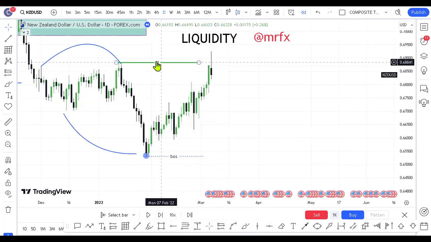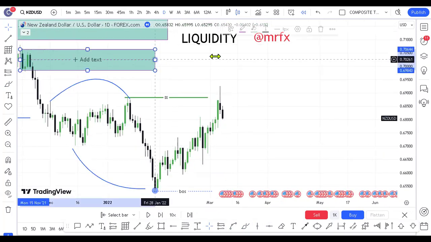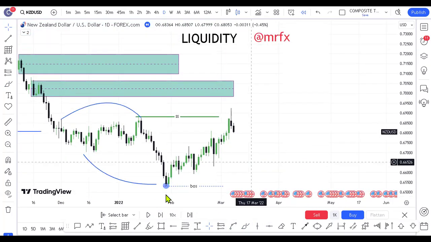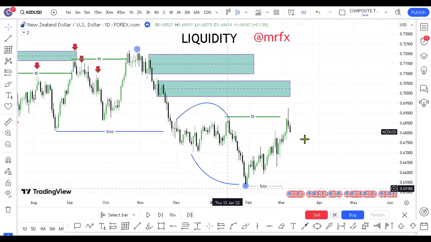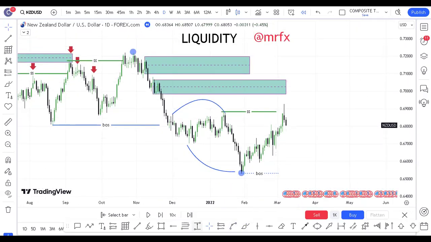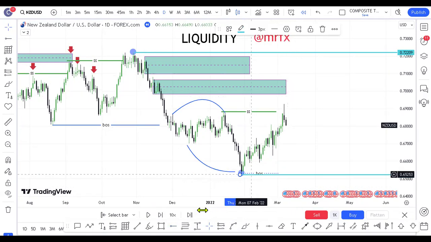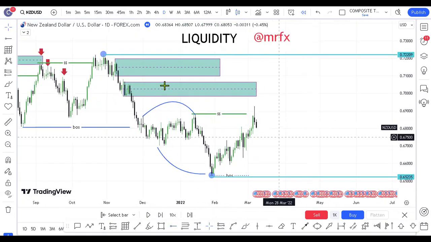So what happened? Price now takes out that level. This becomes a valid low, and you still have those levels unmitigated, and your swing high or your range of the price is between this high and this low. So if you want to sell, you just need to look at the location of this supply zone.